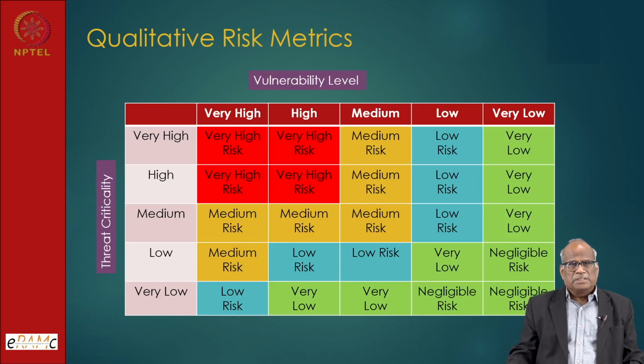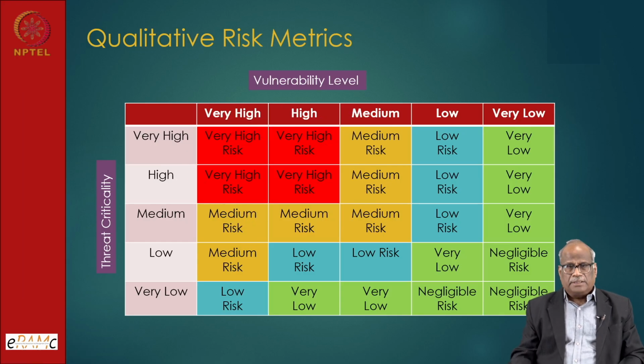So we have the statement of vulnerability, and we got the threat criticality also. Threat criticality is very high, high, medium, low and very low, and vulnerability is very high, high, medium, low and very low. So we have created a matrix.